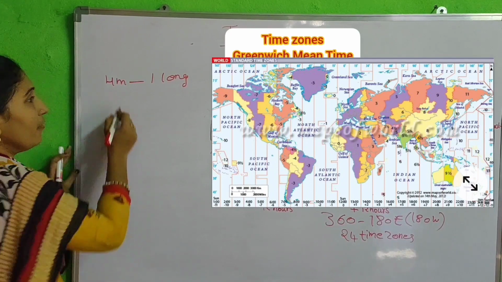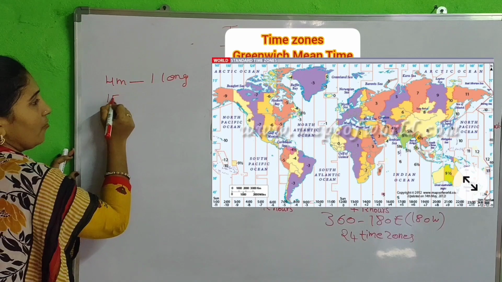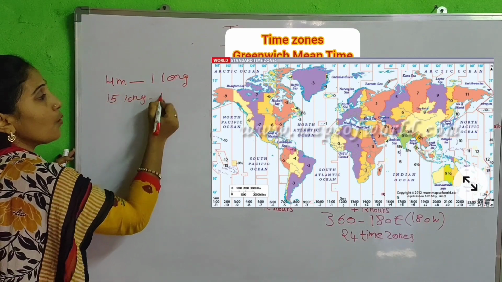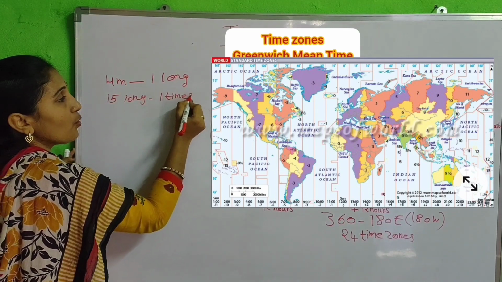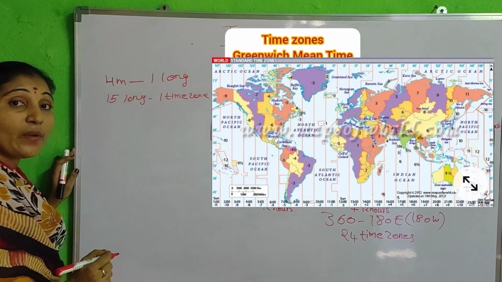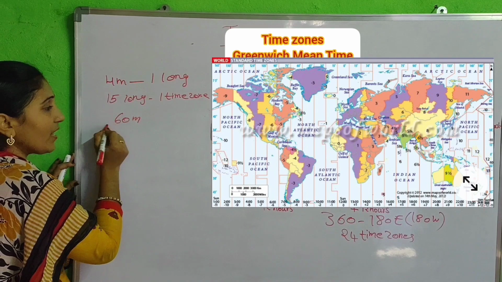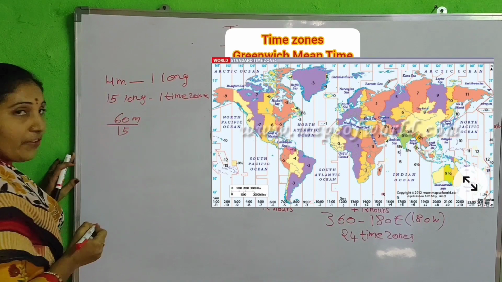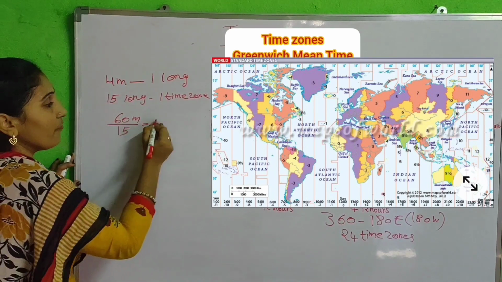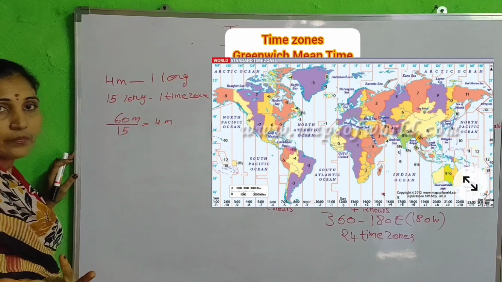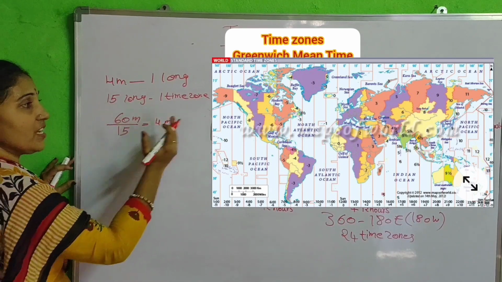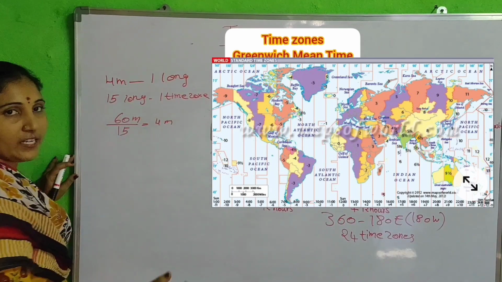We know 15 longitudes means one time zone. How many minutes does one time zone take? 60 minutes. So when we divide the 60 minutes by 15 longitudes, meaning 15 degrees, we get 4 minutes. So each longitude takes 4 minutes of time.